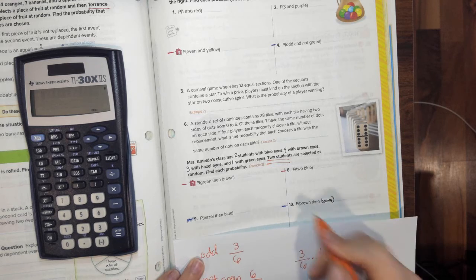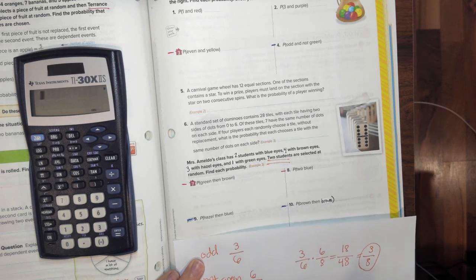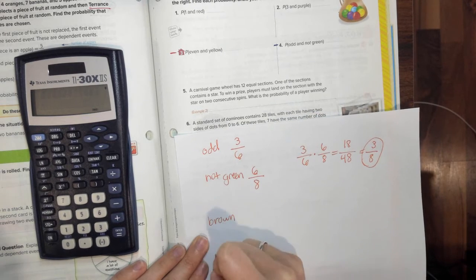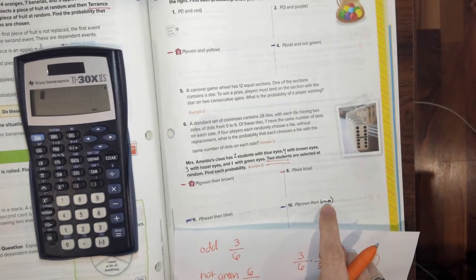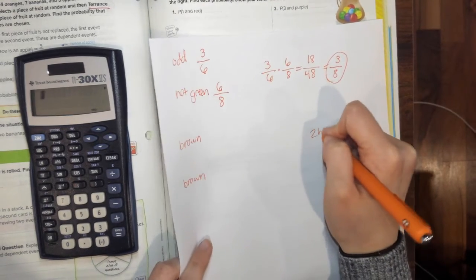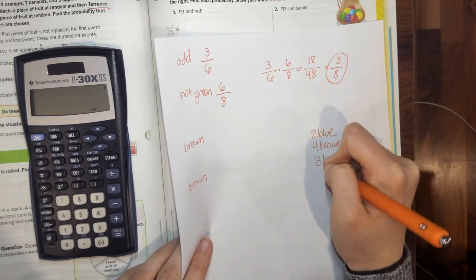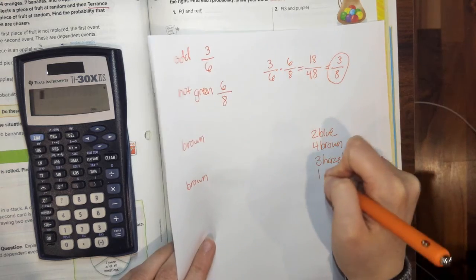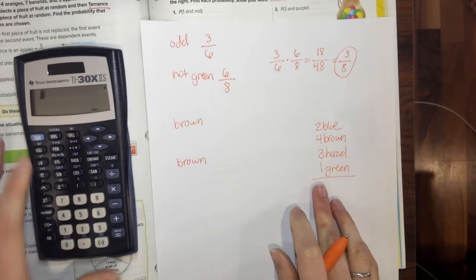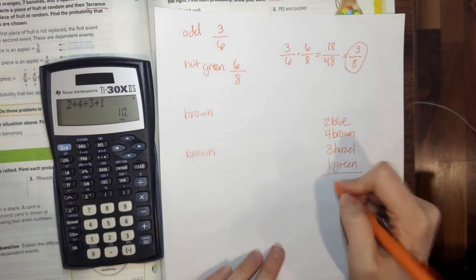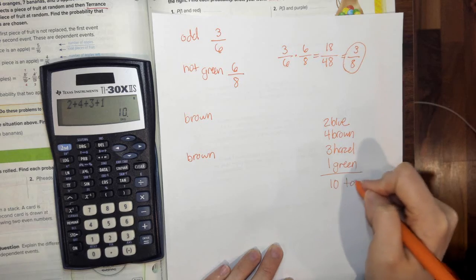I'm picking 2 different students. Okay? So when we look at number 10, brown then brown. And again, I changed that one. That other word was something different. Okay. So if we have 2 with blue, 4 with brown, 3 with hazel, and 1 with green, well, 2 plus 4 plus 3 plus 1, I have 10 total.